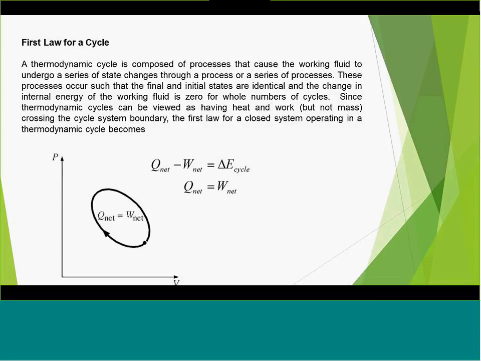So you're going to have Q net minus W net equivalent to delta E cycle. If the change in energy is equal to 0, then the heat changes are equivalent to the work done throughout the system.